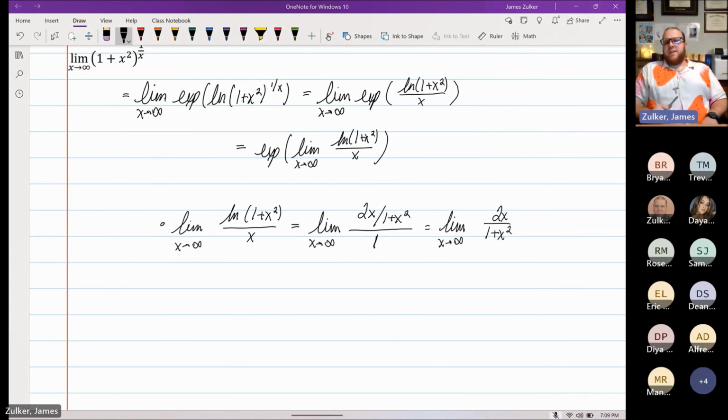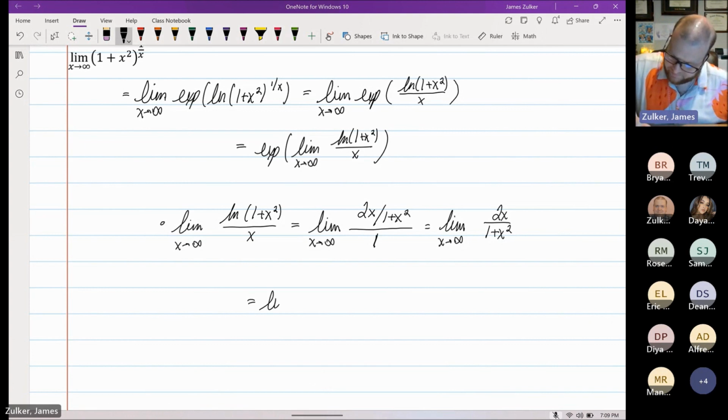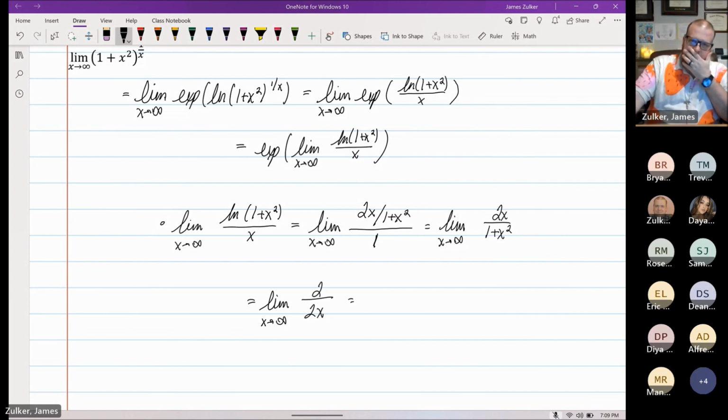Which still gives us infinity over infinity. So we do L'Hopital's rule again, and we get 0.